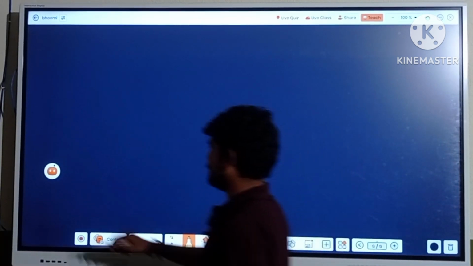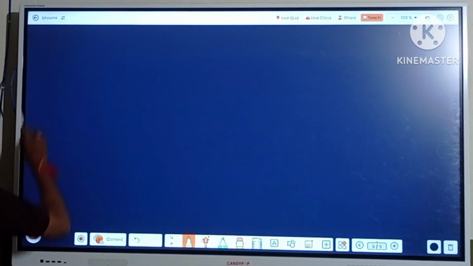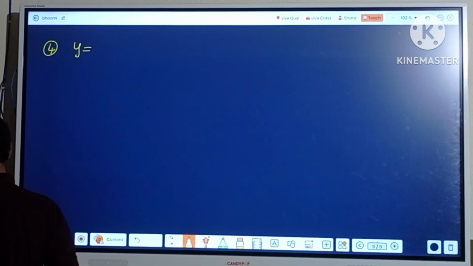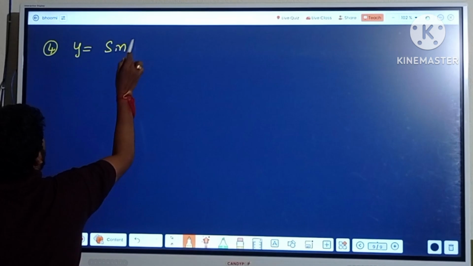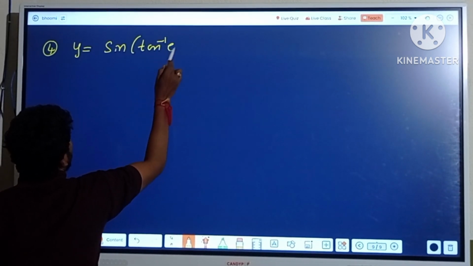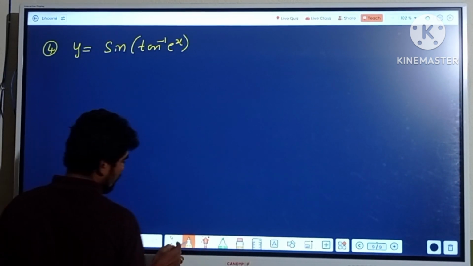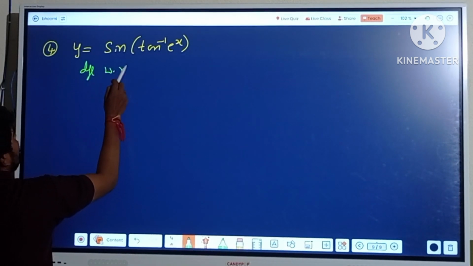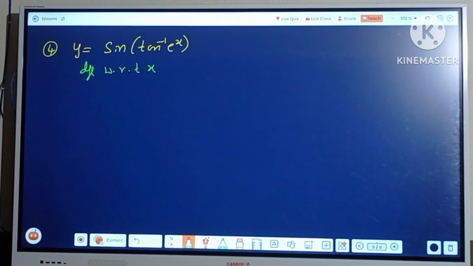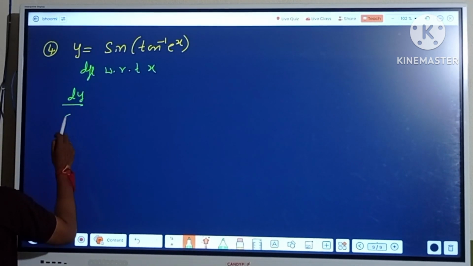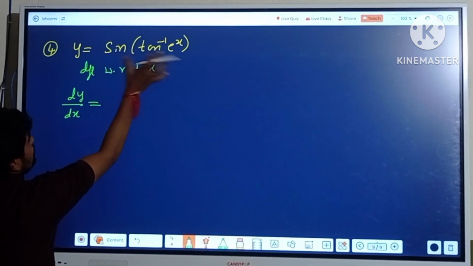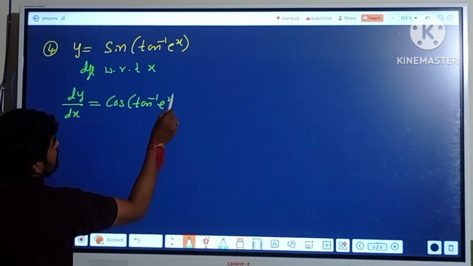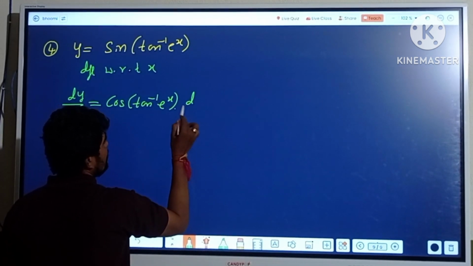Now the fourth question is find dy by dx for the function y is equal to sine of tan inverse e power x. So we need dy by dx, therefore differentiate this with respect to x. So derivative of y with respect to x is dy by dx. Now derivative of sine of something is cos of something, that is cos of tan inverse of e power x, into derivative of something, that is what?